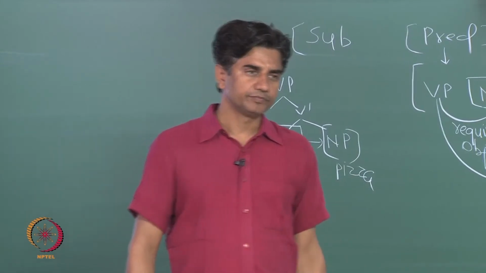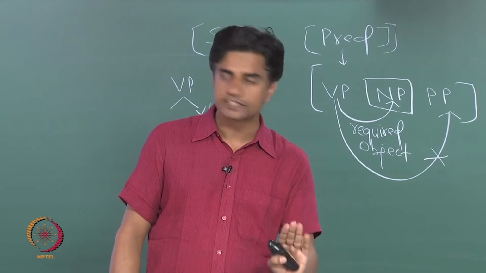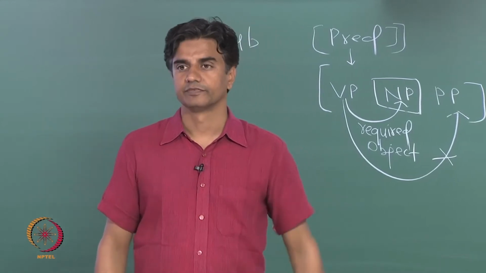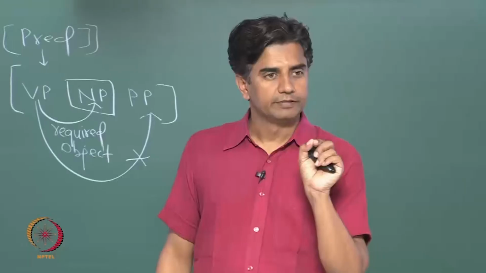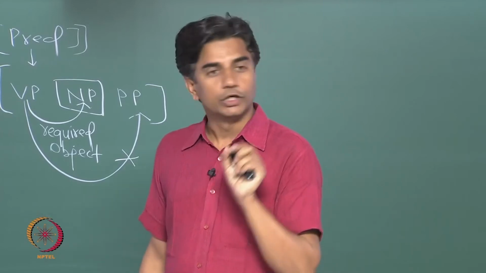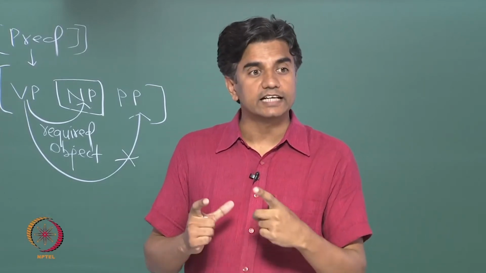I want you to spend a couple of minutes on this thing that is on your screen. Look at the verbs. Now you know about predicate, objects, verbs, transitive, intransitive, and all that. When we have a verb like know, what are the things that it looks for?